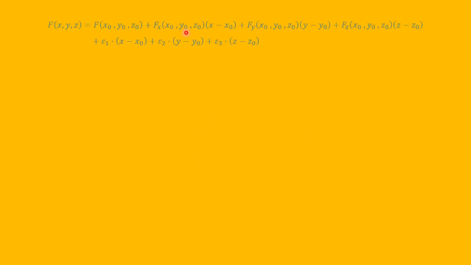So what can we do? First of all, let's start with the definition of f of x, y, z being differentiable. So basically we have these terms over here plus 3 epsilon terms, and we know that as x approaches x0, y approaches y0, and z approaches z0, then this factor of epsilon 1 goes to 0, the factor of epsilon 2 goes to 0, and so does epsilon sub 3.